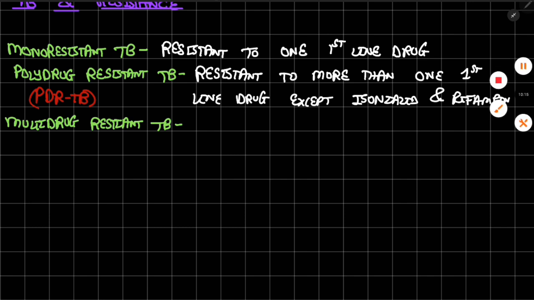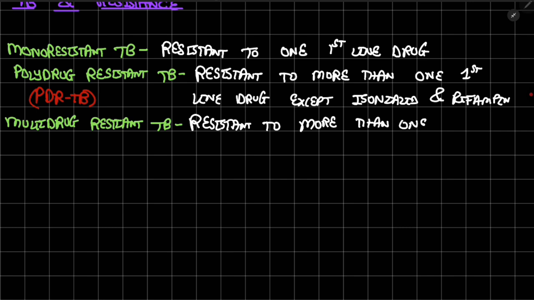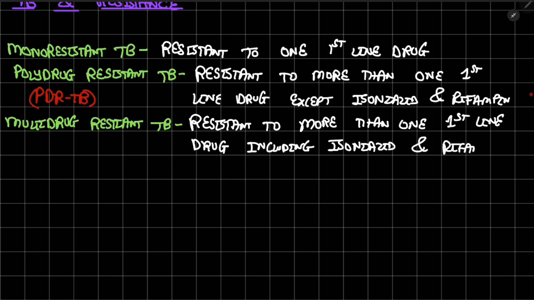So for multi-drug resistance, the condition is it is resistant to more than one first line drug, including isoniazid and rifampin.